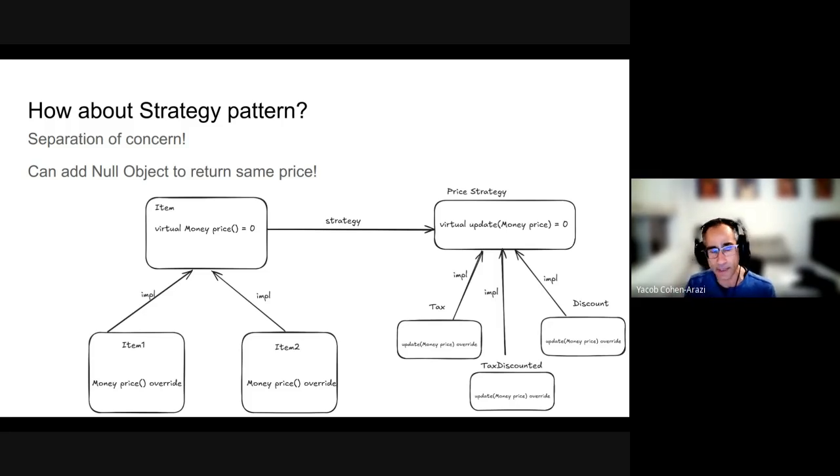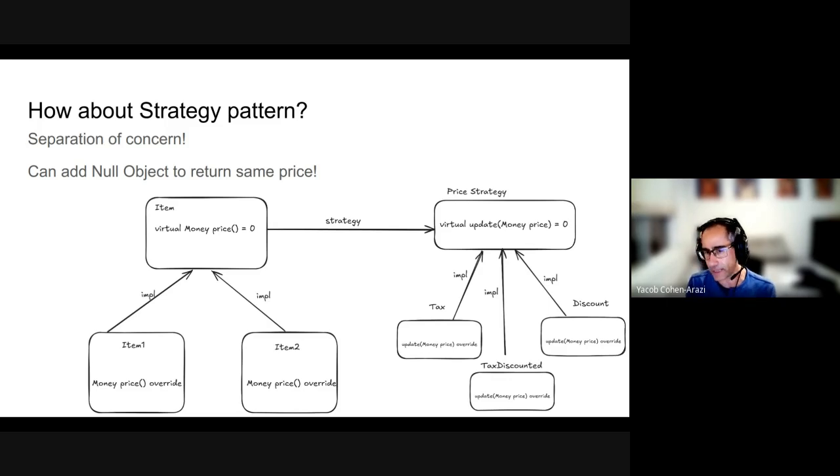A null object is something that you can use in the strategy context, but it does nothing. It does no manipulation on, let's say, the price. Tax would do some manipulation on the price and give you a new price that is taxed. Discount would give you a new one that is discounted. But the null object gives you the same price.